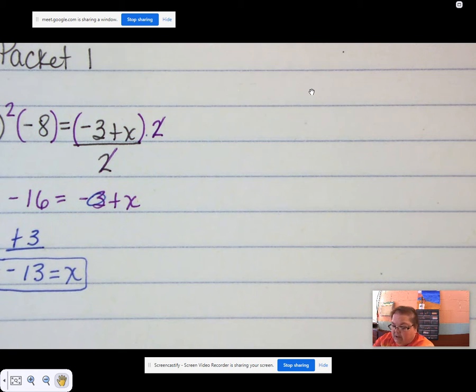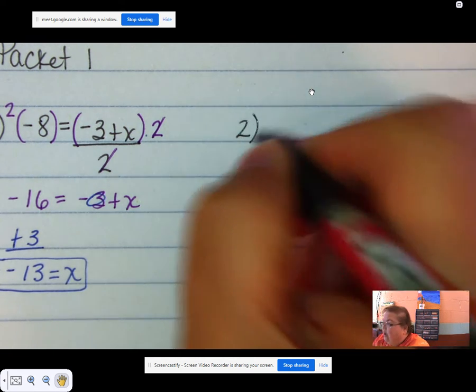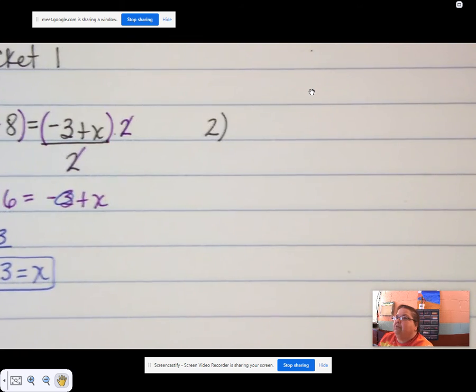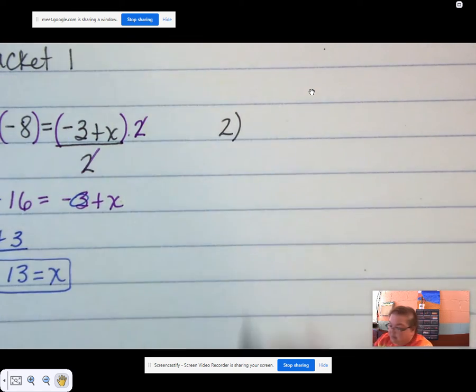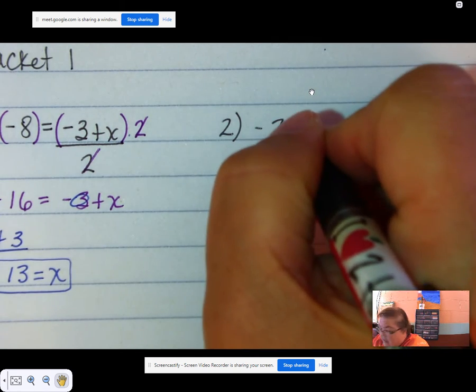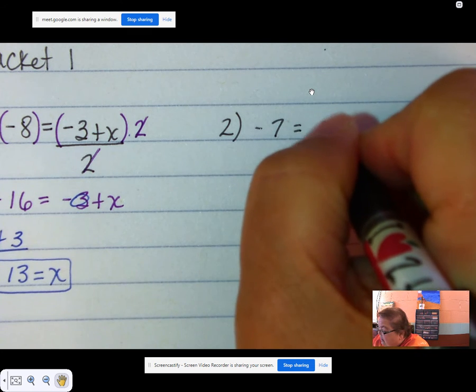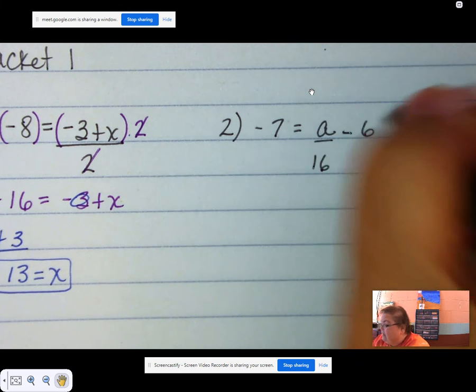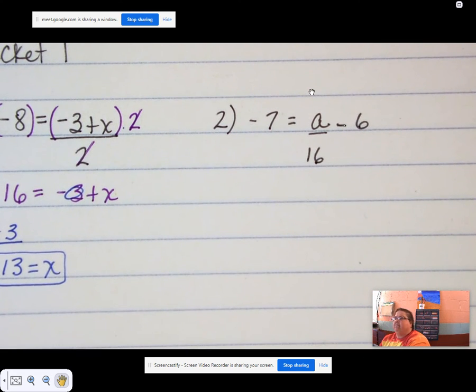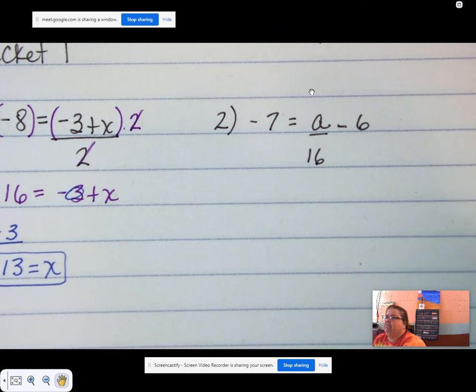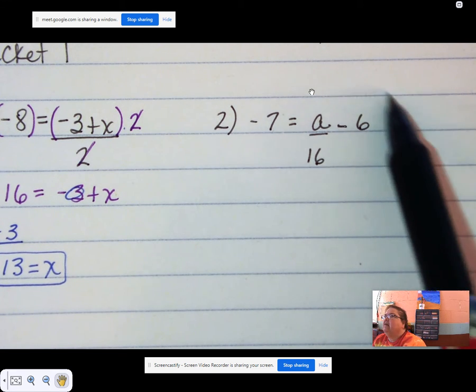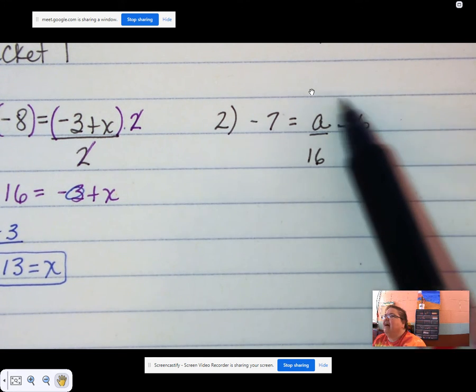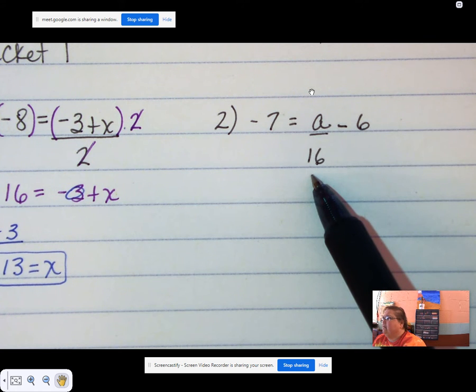Now I do want us to look at number 2 because it is a little bit different. Number 2 was for homework, so if you got it right, you do not have to rewrite it. Let's write the problem first. Negative 7 equals a over 16 minus 6. Is the entire side a fraction?